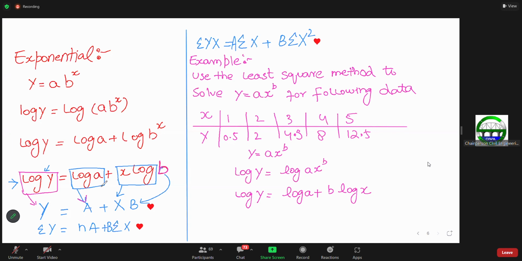Now again we will put the same method. This one will be Y is equals to A plus b X, or I can say that sigma Y is equals to n A plus b sigma X, and finally sigma X Y is equals to A sigma X plus b sigma X squared, right? So I will write this way.